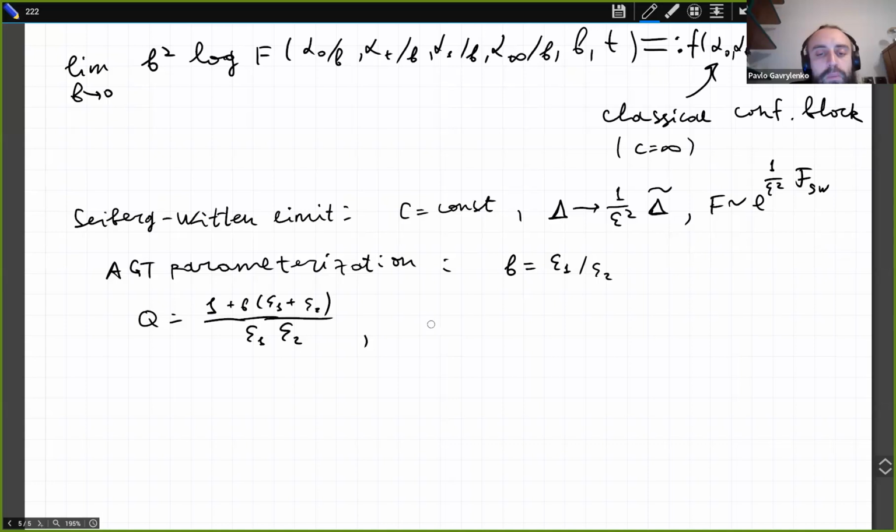And deltas are parameterized by something like this.